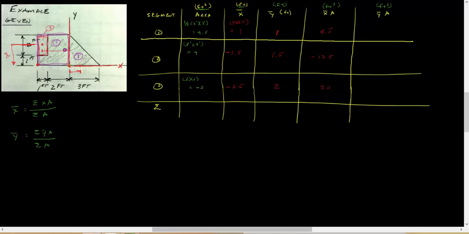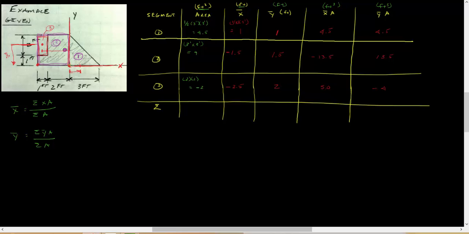Now my y bar is the same. 1 times 4.5 again would be 4.5. And 9 times 1.5 would also be 13.5. Those are both positive. And then down here at the bottom I have negative 2 times 2, which would be negative 4.